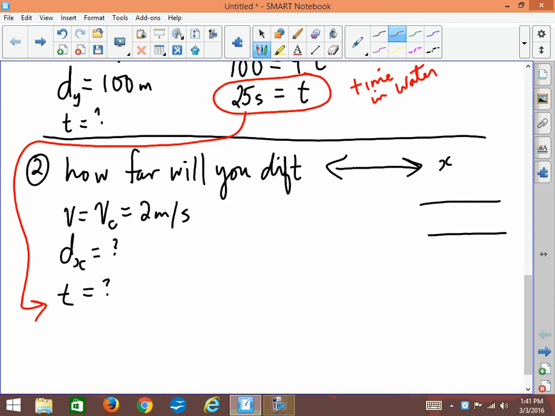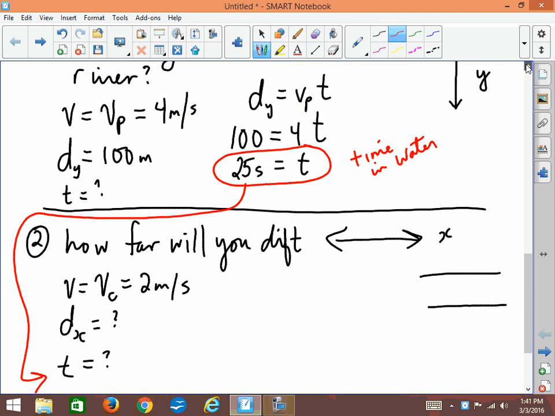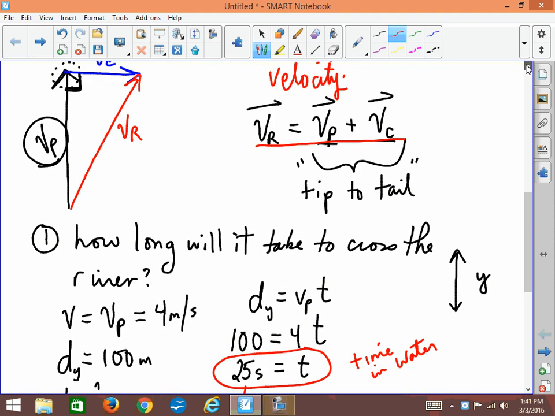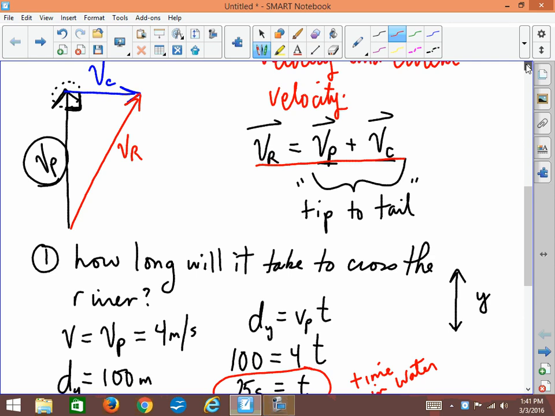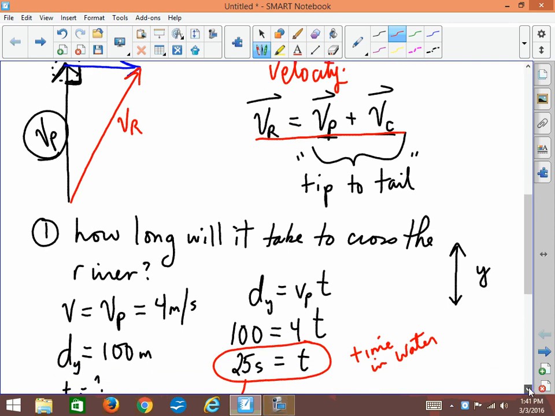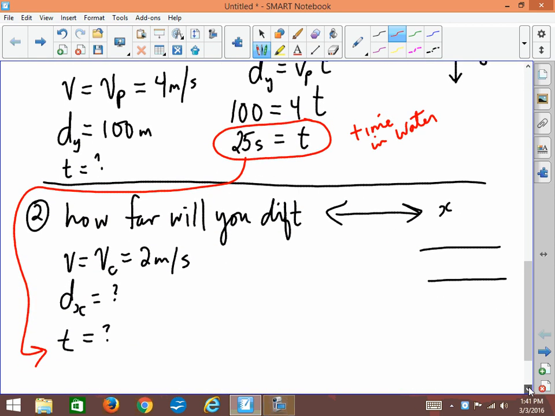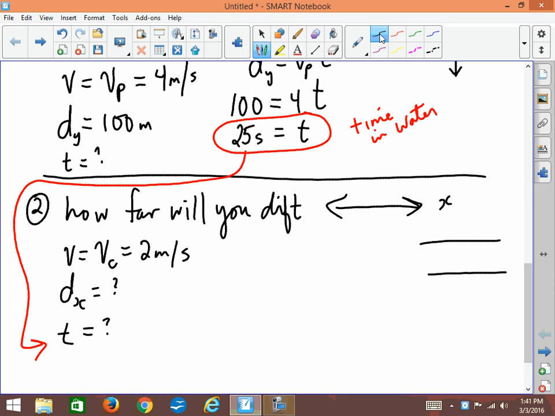Because remember, when we look at the black and the blue arrow, they're both happening at the same time. So the time is the same for each. So I'm going to borrow 25 seconds here, so I do know what that is. We'll erase that, and let's do 25 seconds.